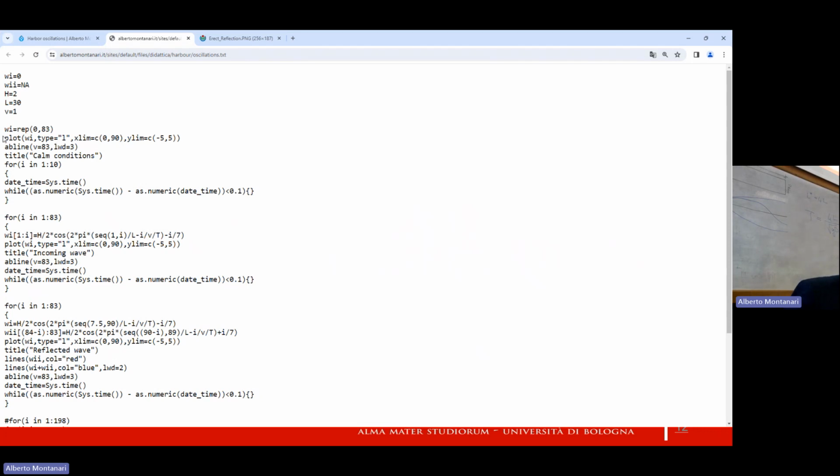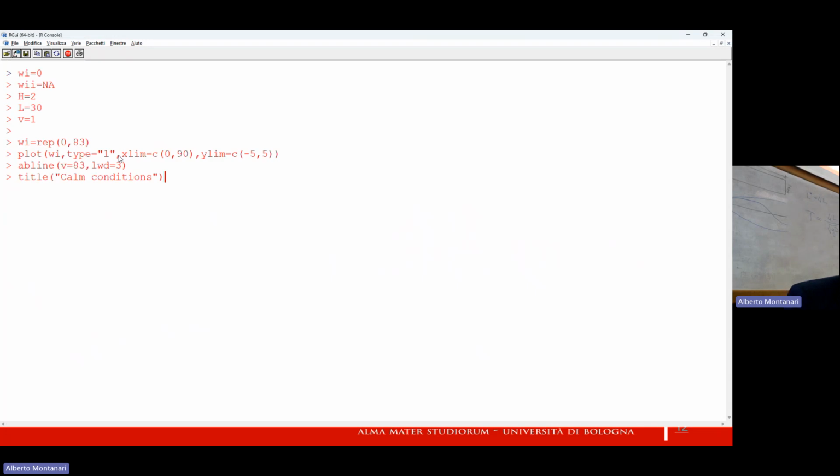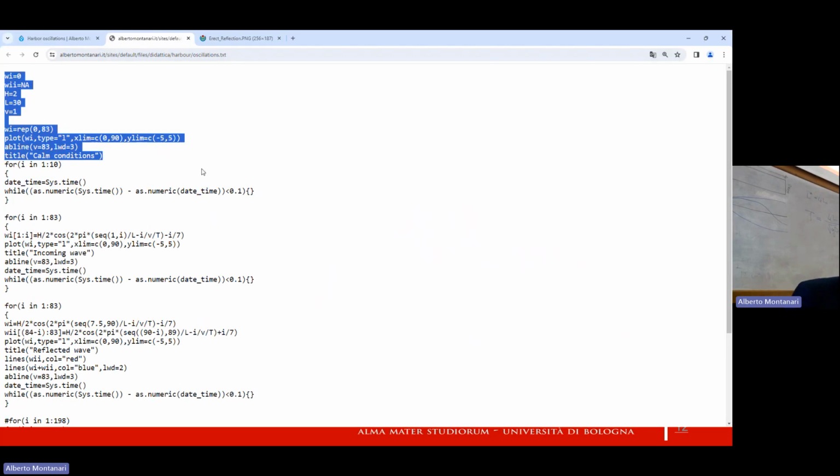Okay, basically there is the start with the calm conditions. And this is the plot with calm conditions. And then there is a cycle which makes the simulation of the propagation of the wave.